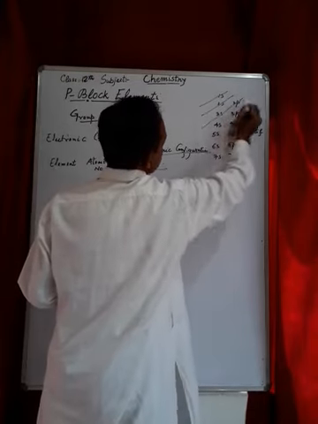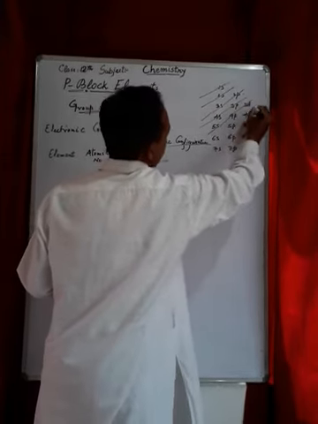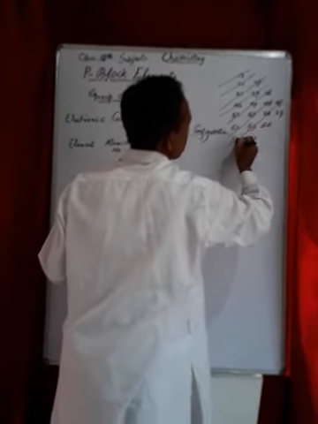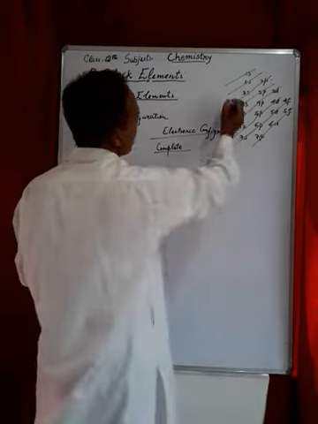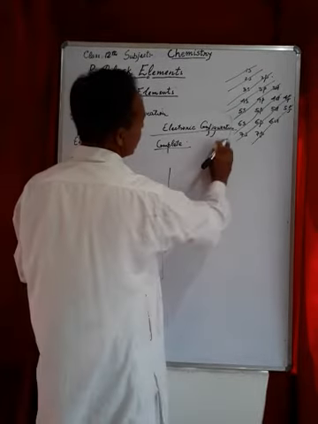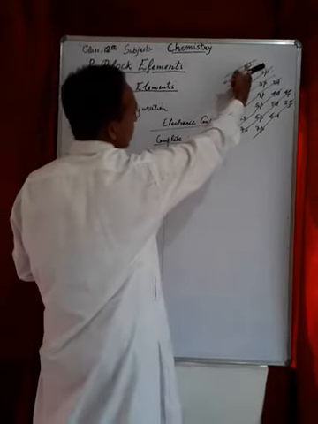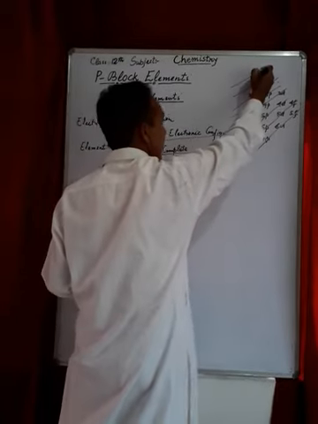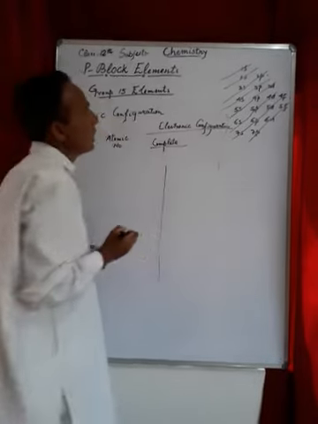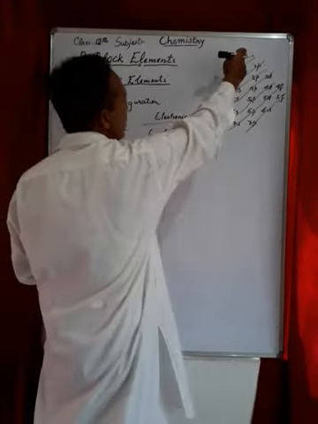According to the Aufbau principle, we have to fill the orbitals according to the increasing energies of these orbitals. 1s has the lowest n plus l value, so it has the lowest energy.